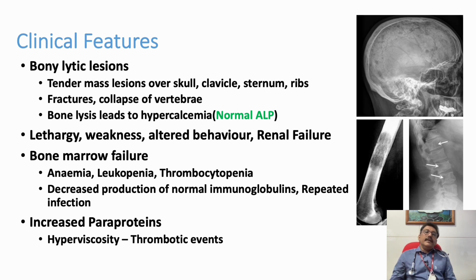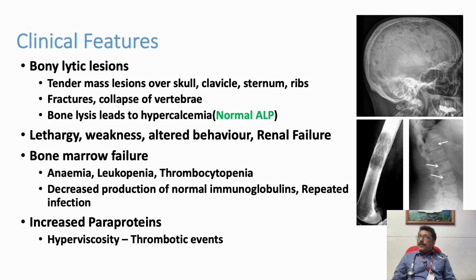Bone marrow failure can also occur. You know that bone marrow produces RBCs, WBCs, platelets, and many other normal immunoglobulins which participate in our immunity. But here in multiple myeloma, there will be monoclonal overproduction of plasma cells. So only plasma cells are produced, or the number of plasma cells produced is very, very high in this condition.